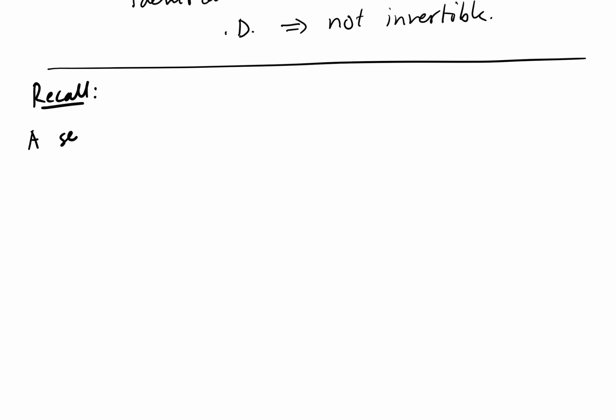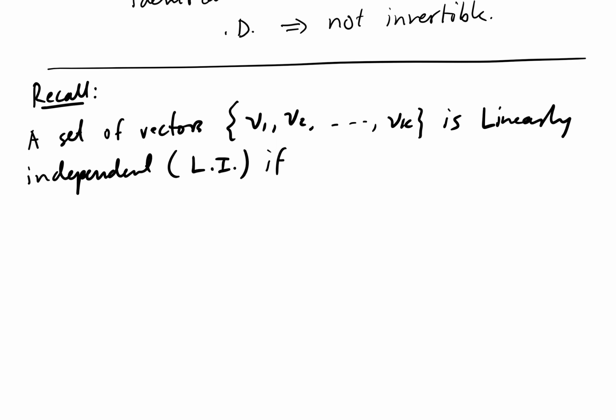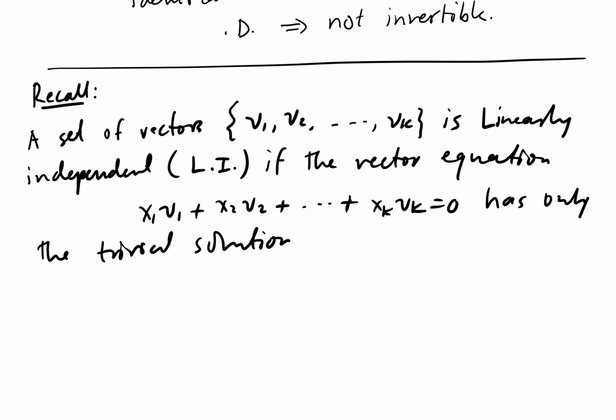So the first part is this: a set of vectors, call them v1, v2, all the way to vk, is linearly independent, and I'm going to write LI for linearly independent, if the vector equation x1 v1 plus x2 v2 plus ... plus xk vk equals 0 has only the trivial solution: x1 equals x2 equals ... equals xk equals 0.